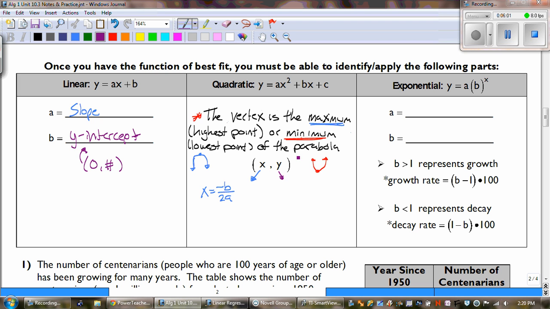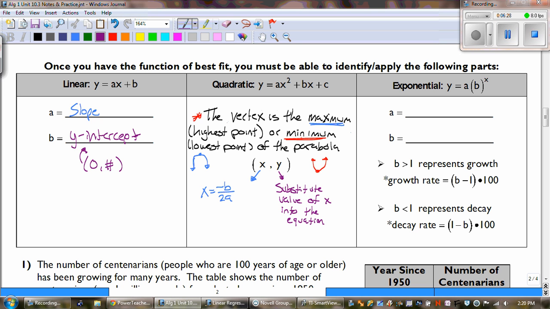To find y, we substitute the value of x into the equation. And the last one, the exponential, y equals a b to the x power.